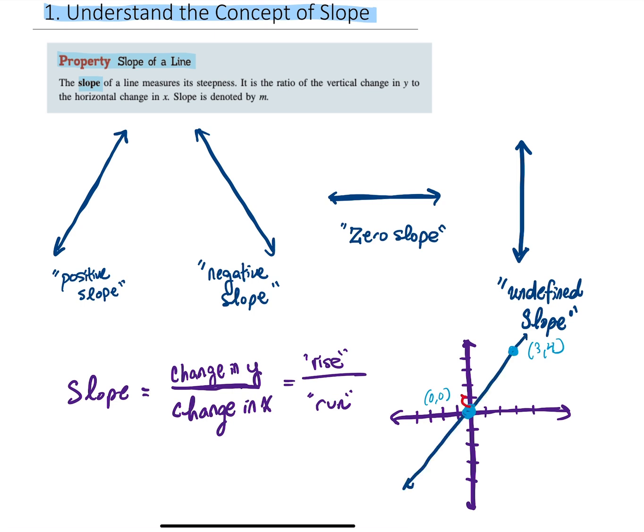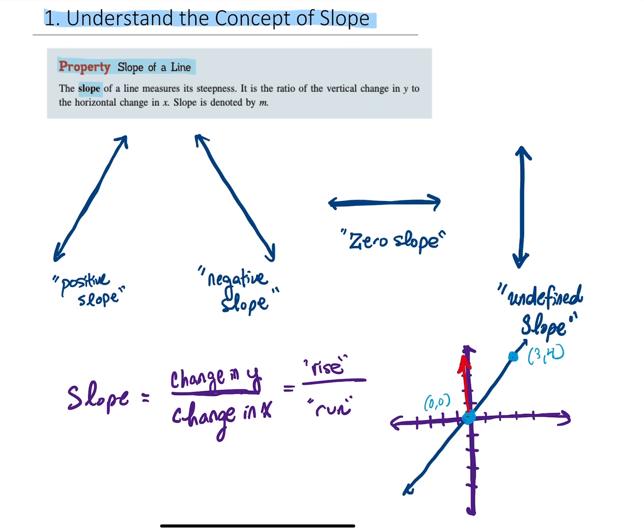So it's 1, 2, 3, 4 units up. That would be the change in y, or the rise. And then 3 units over, kind of builds a little triangle. You can see this as a distance of 4 and then a distance of 3. So if I was describing the slope of this line, I would say the slope is 4 over 3. Rise over run, or the change in the y coordinate divided by the change in the x coordinate.